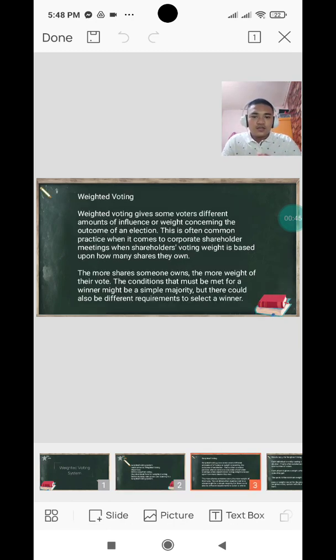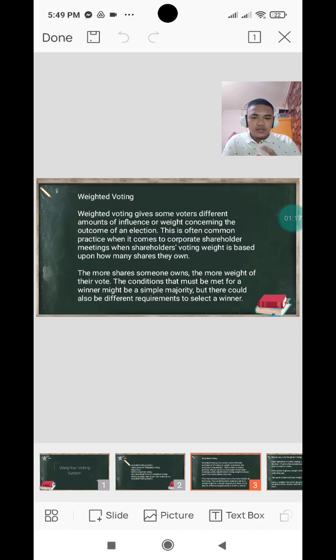Weighted voting. Weighted voting gives some voters different amounts of influence, or weight, in deciding the outcome of an election. This is common practice in corporate shareholder meetings, where a shareholder's voting weight is based on how many shares they own.